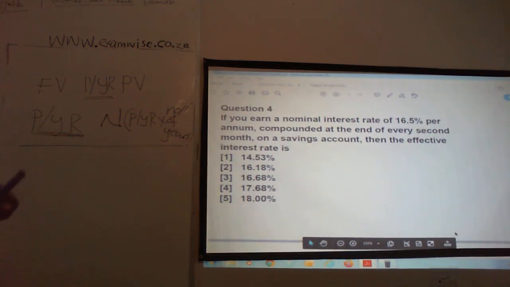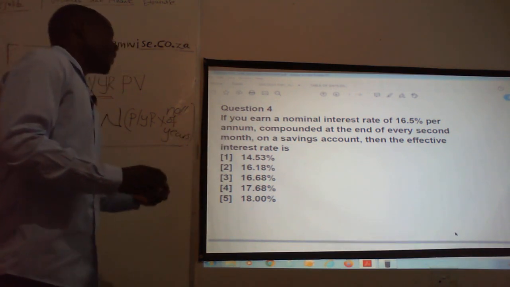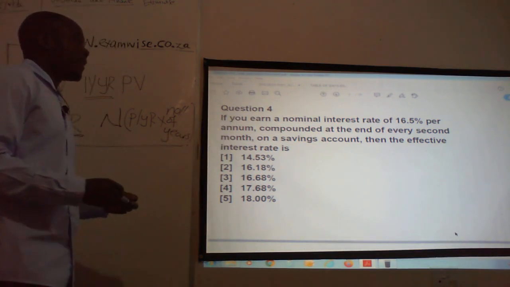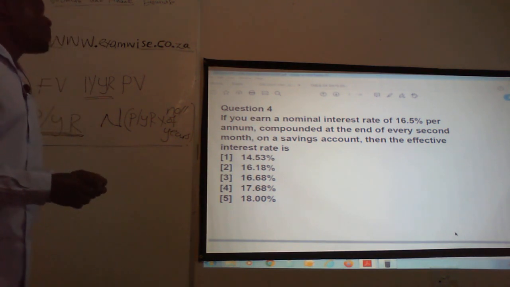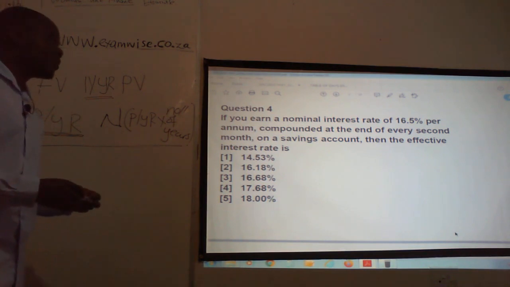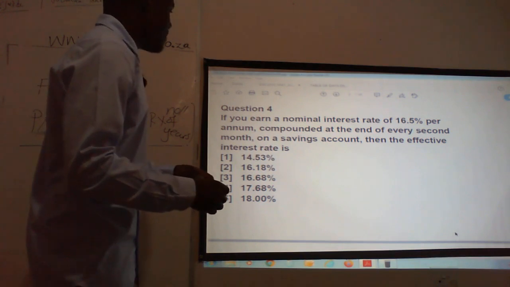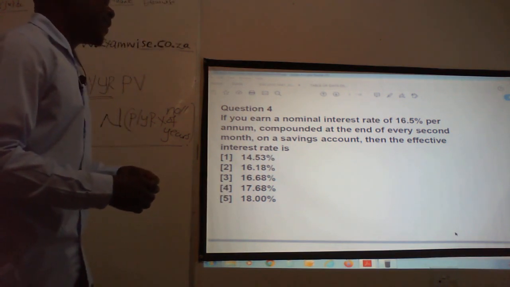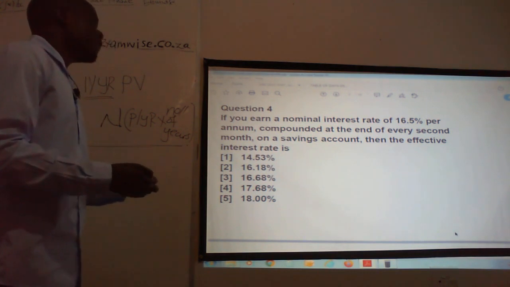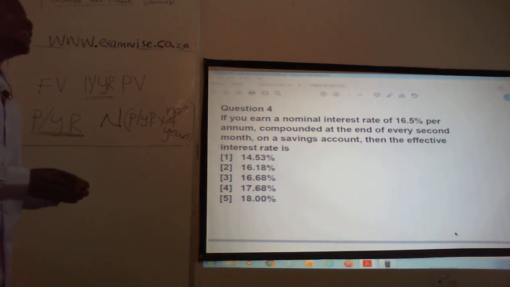Question number 4 says, if you earn a nominal interest rate of 16.5% per annum, compounded at the end of every second month on a savings account, then the effective interest rate is.